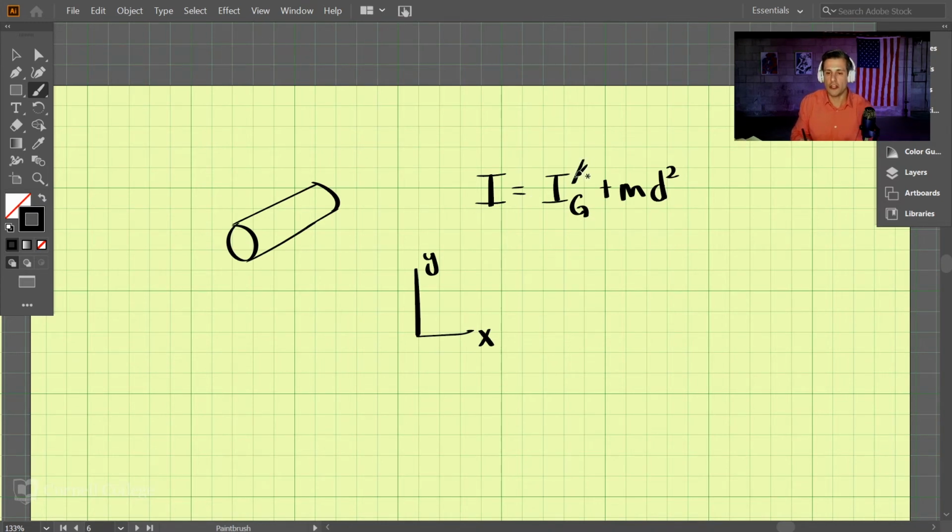Where Ig is the mass moment of inertia about its center of gravity, or its centroid. We talked about the middle point. And then we add its mass, whatever mass this cylinder would be, times its perpendicular distance from that axis. So if we're talking about the y-axis, the perpendicular distance there would be this. This would be d, if we were rotating about the y-axis here. So this is a way to use the parallel axis theorem in the mass moment of inertia.